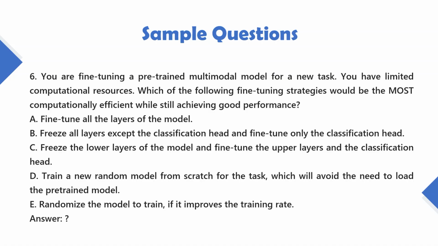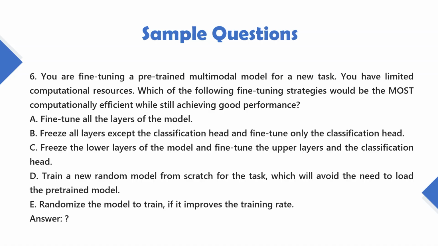6. You are fine-tuning a pre-trained multimodal model for a new task. You have limited computational resources. Which of the following fine-tuning strategies would be the most computationally efficient while still achieving good performance? A. Fine-tune all the layers of the model.